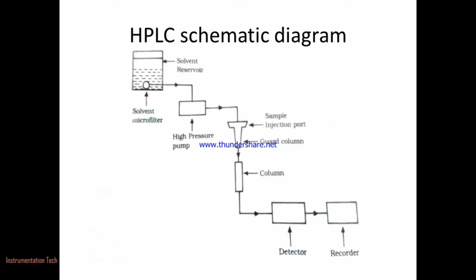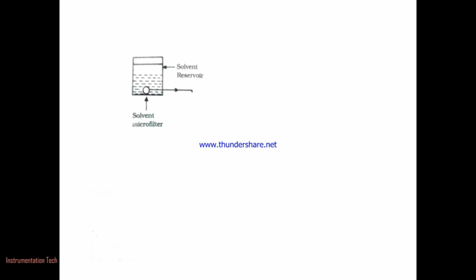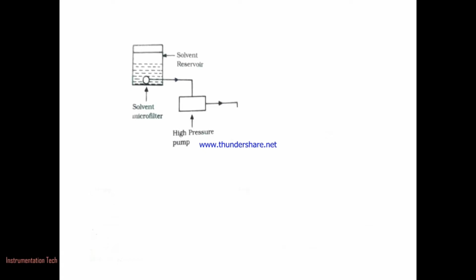Schematic diagram of high performance liquid chromatography is shown here. Let us have a look into the parts of HPLC. Solvent reservoir is to store the mobile phase. High pressure pump is to push the mobile phase through the column. Then injection port.